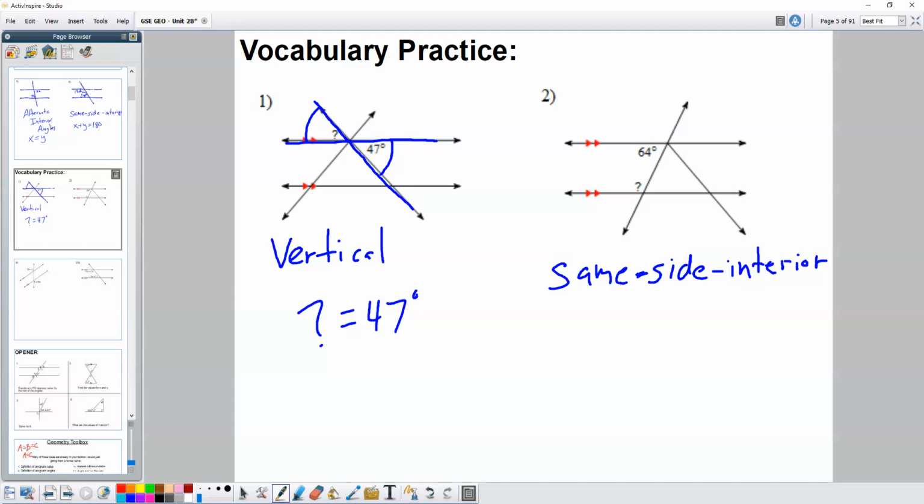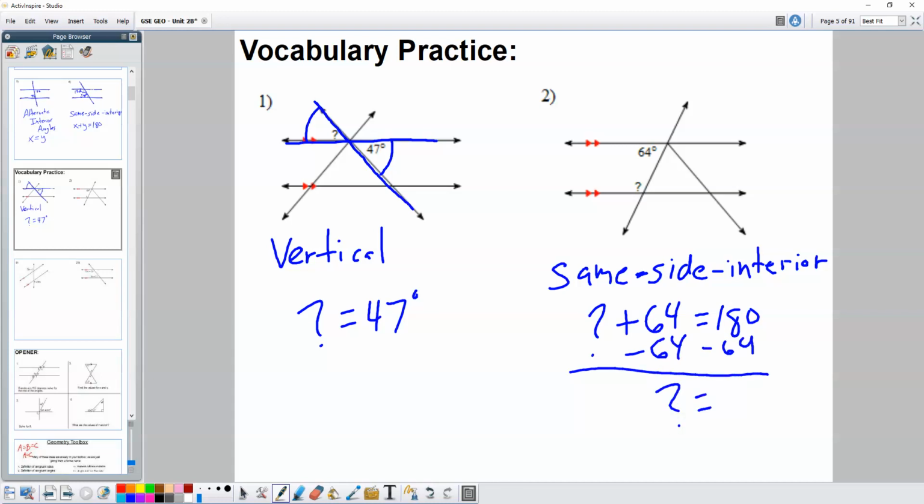Well, I can look at my old sheet, my vocabulary basics, the first one sheet, and I know that these two angles added together will give me 180. So I can say the question mark, I can make it X if I wanted to, plus 64 equals 180. I'll subtract the 64 over and get the question mark equals maybe 116.